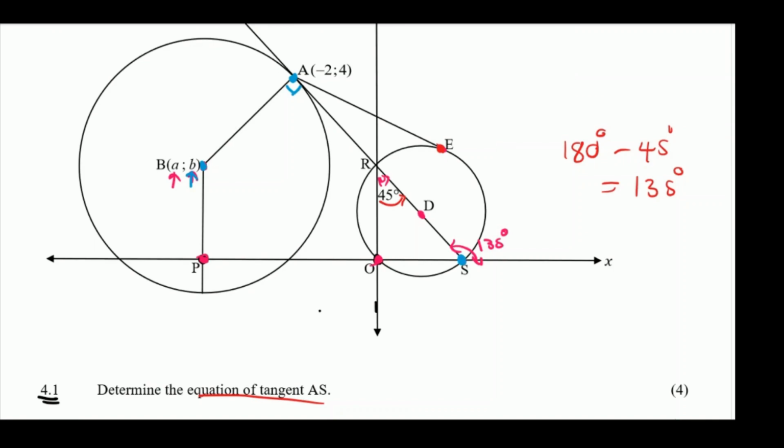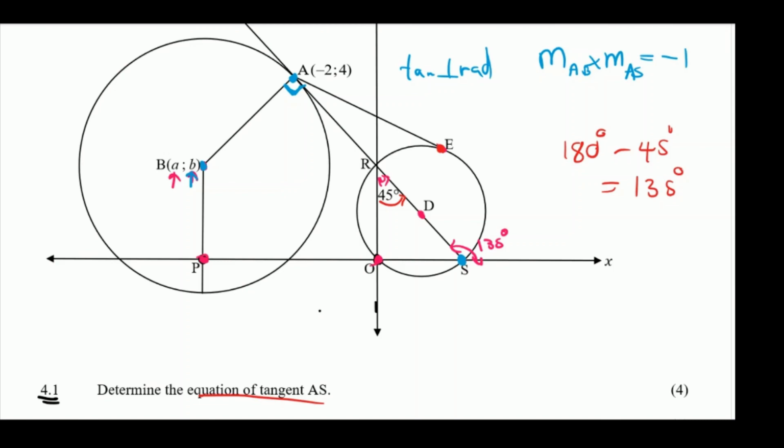Why are they perpendicular? It's because the tangent is perpendicular to the radius, one of your theorems. So if lines are perpendicular, the gradient of AB, when you multiply it with the gradient of the line AS, must give you -1.